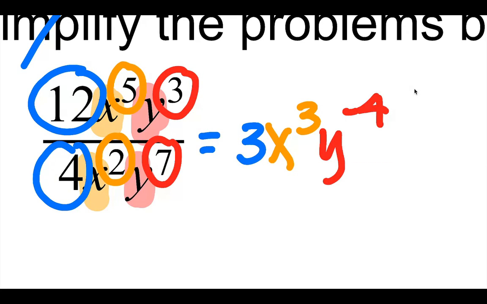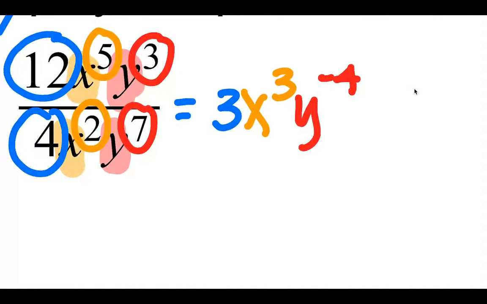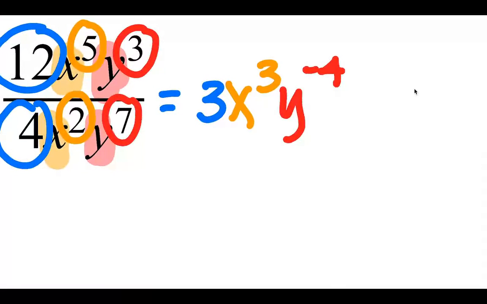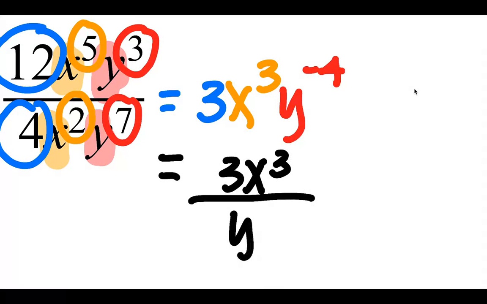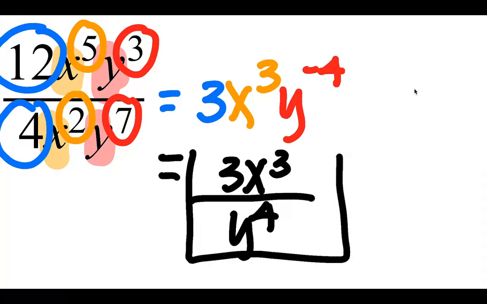Now remember, if I have a negative, it's ugly and I can't keep it like that. I have to do the negative power rule, okay? And the negative power rule says to take this and put it on the bottom of a fraction to simplify it. So 3x to the third, that's all happy. Underneath it, though, I'm going to change this to a positive 4 to make him happy. Okay?